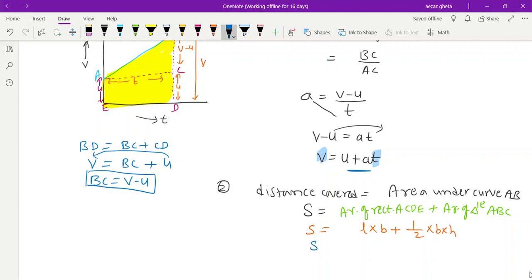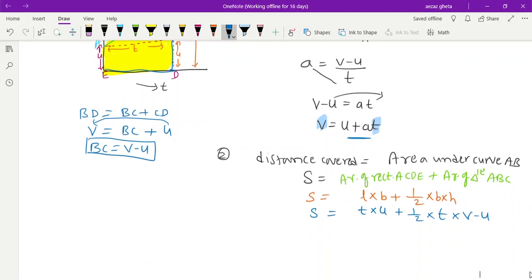So s is equal to length into breadth. In ACDE, the length is ED, which is t, and the breadth is u. So this is t into u, plus half. The base of the triangle is AC, which is nothing but t, and the height is BC, nothing but v minus u. You can see the figure. Understood?